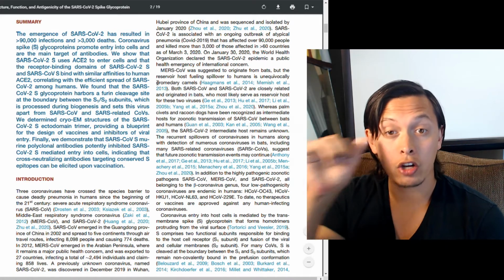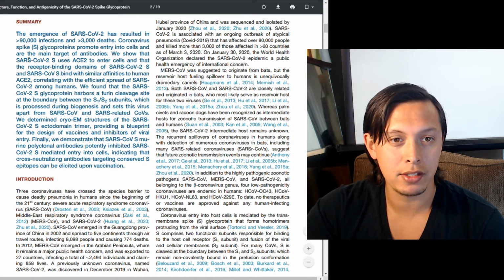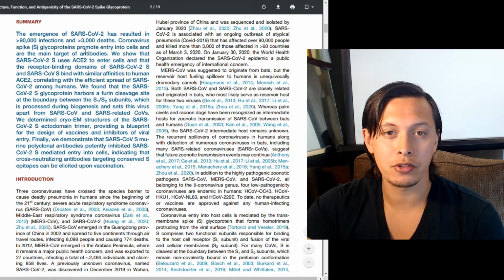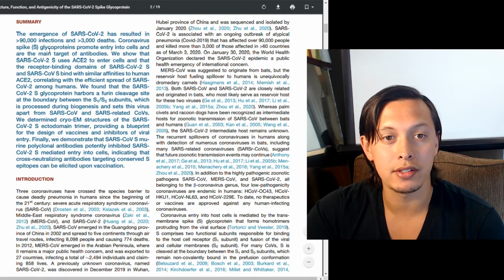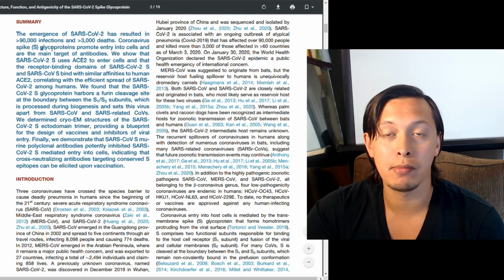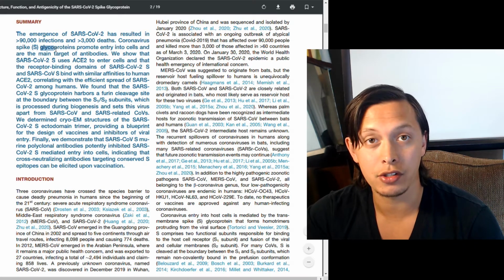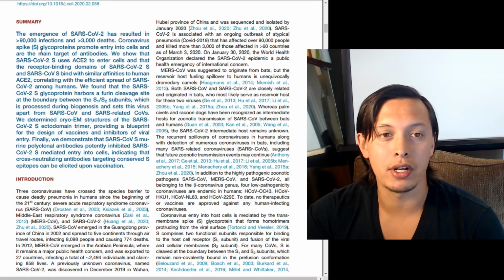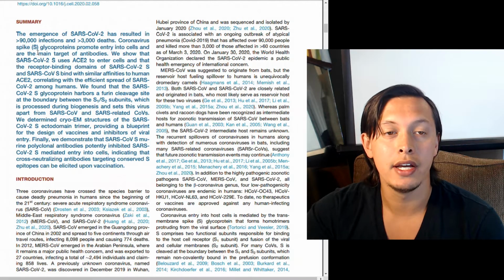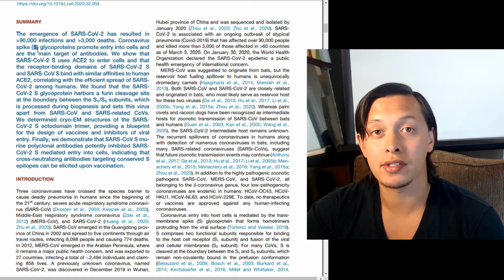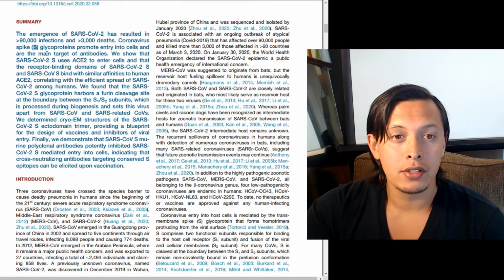Coronavirus spike S glycoproteins promote entry into the cells and are the main target of antibodies. Glycoproteins are proteins that have small sugars added onto the protein itself, which is why it's called a glycoprotein. In this case, it is the spike glycoprotein, and we refer to this as S throughout the paper.